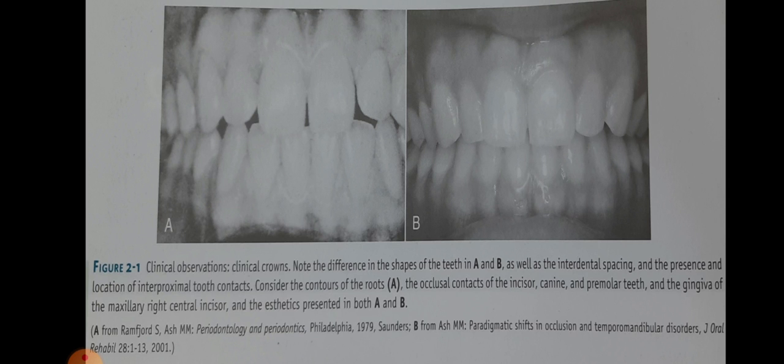For example, in figure 2.1a, the gingival tissues are excellent. However, the form of maxillary incisors and interdental spacing might be considered to be an aesthetic problem by a patient.